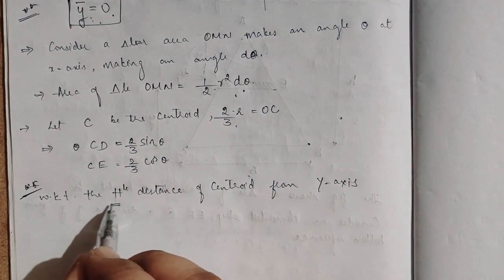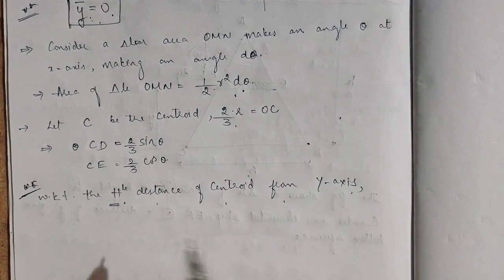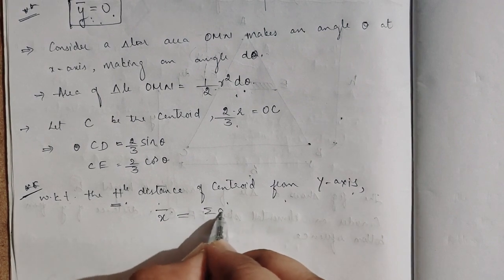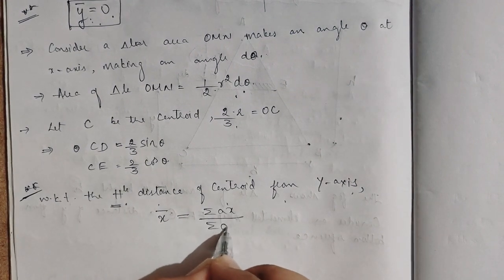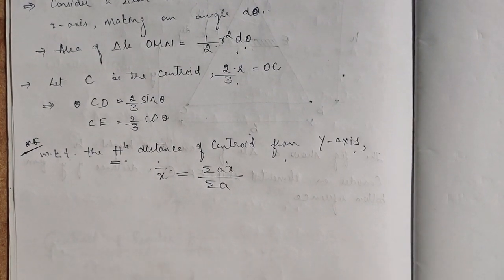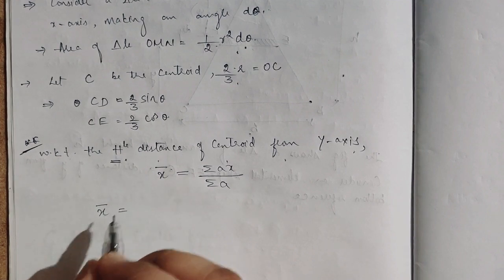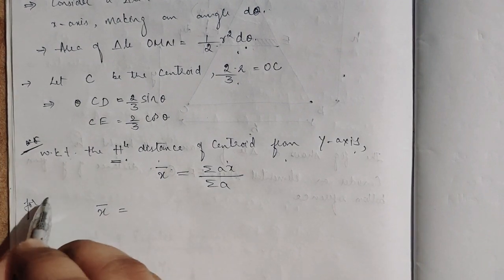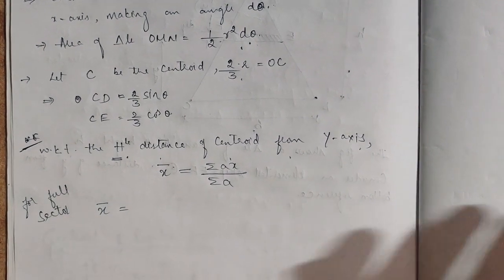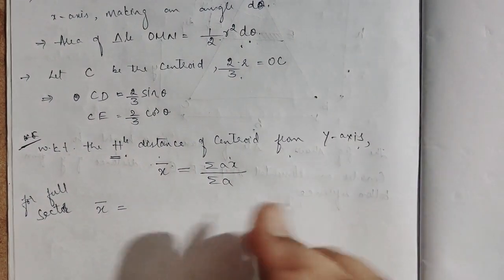For the sector of a circle, we have to know the horizontal distance of the centroid from the y-axis. We are getting x bar is equal to sigma ax divided by sigma a, summation of a. Now we have to solve for x bar. So x bar is equal to, for the full sector, we have to integrate.